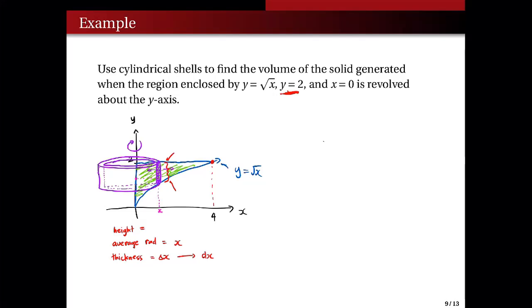It's from the line y equals 2 to the function y equals square root of x. So the height will be 2 minus square root of x. Following?